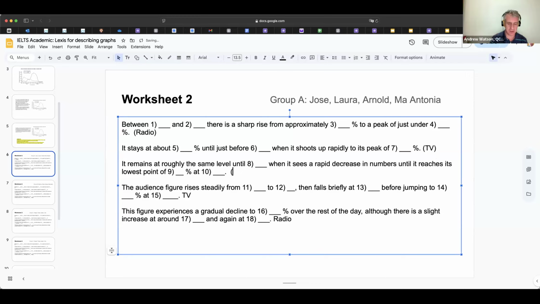No, it's actually TV. Okay, so this is a way of focusing your attention on these lines. The audience figures rise steadily from 2 and then fall briefly at 13 before jumping to. Is that radio, TV?